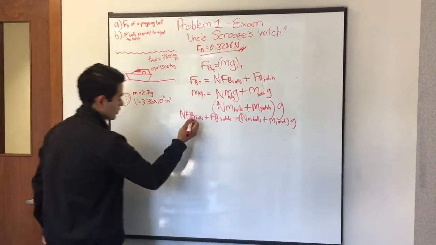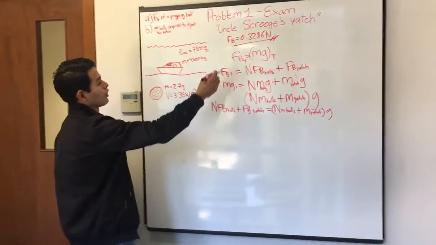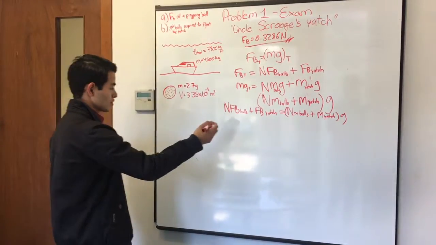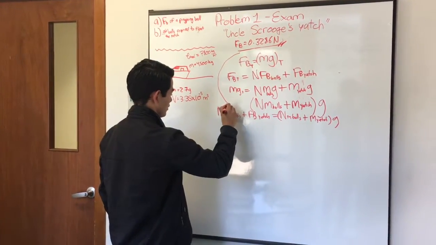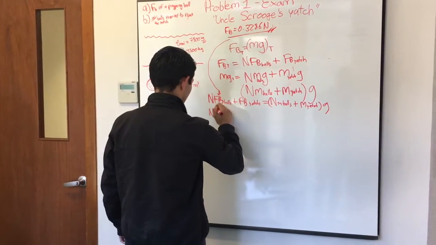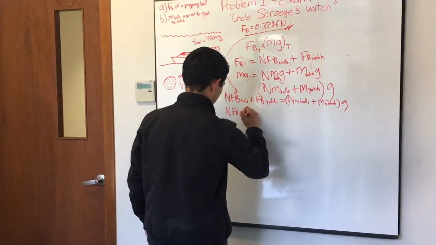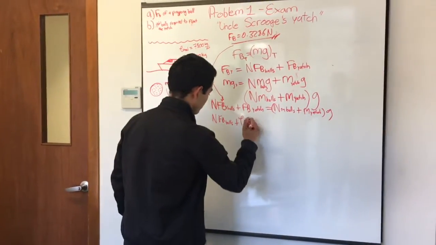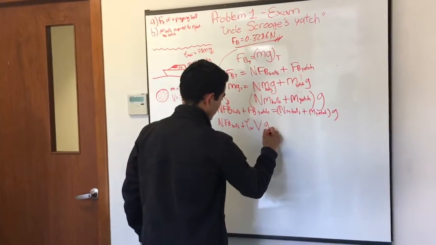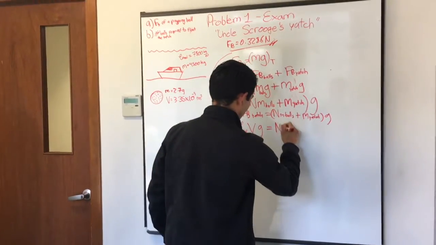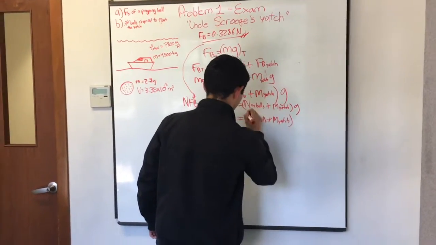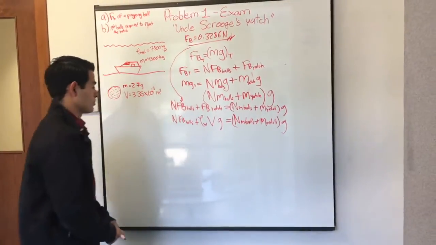The buoyant force of each ball we have already calculated in the first part of this problem, so we will just substitute it here. The buoyant force of the yacht will be equal to the density of the liquid times the displaced volume times gravity, and on the other side we have the same.